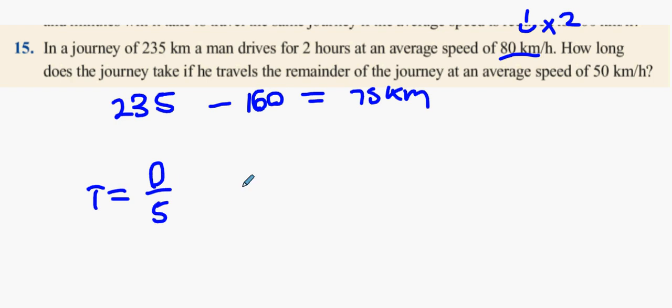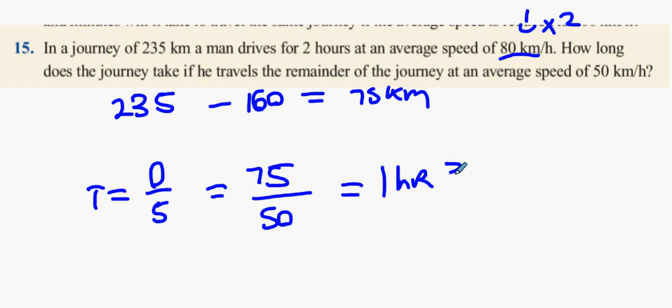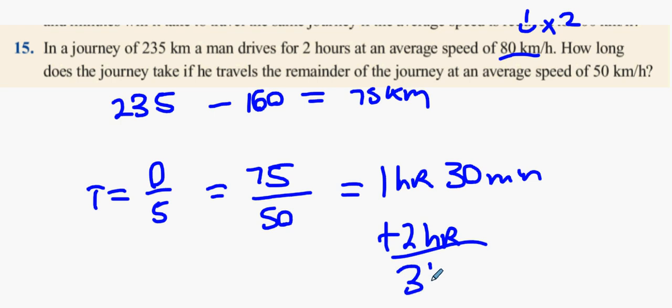He's going to cover this 75 kilometers at what speed? 50. How long is that going to take him? 1 hour and 30 minutes when you use the calculator. How long did the journey take in total? 3 hours and 30 minutes. That was a much easier one.